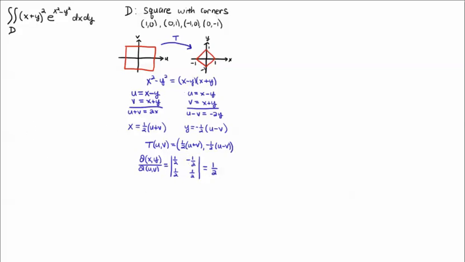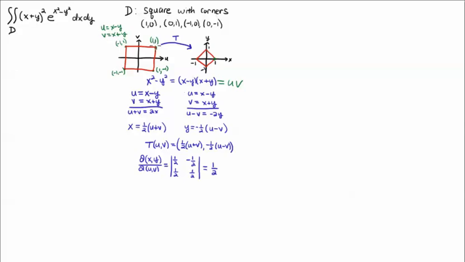Now that I have the Jacobian, I'm going to find the limits of integration, and you'll notice that this point here gets mapped to this point here. You can tell that because when x is 1 and y is 0, then u is 1 and v is 1.